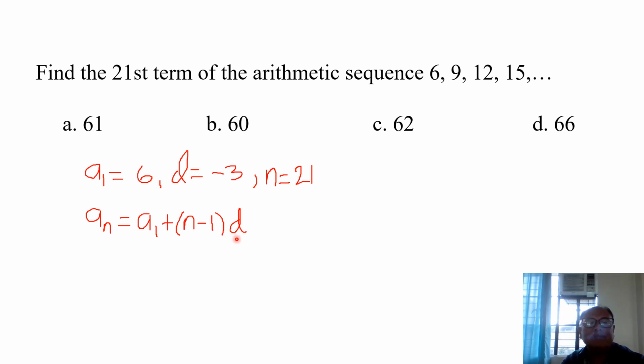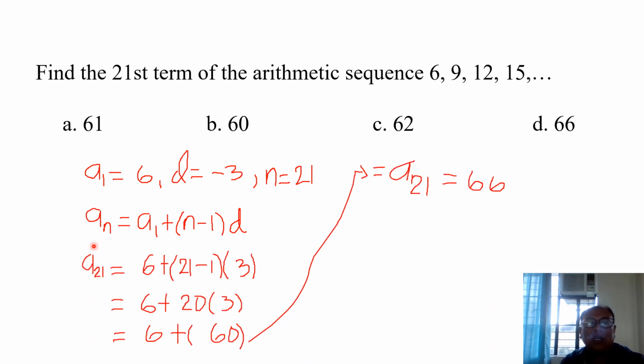From the given, we have a sub 21, and the first term is 6. The value of n is implied in the problem, since we are looking for the 21st term, so we replace n by 21 minus 1, and the common difference is 3. I said a while back that this is positive; that's wrong, so may you just correct it.